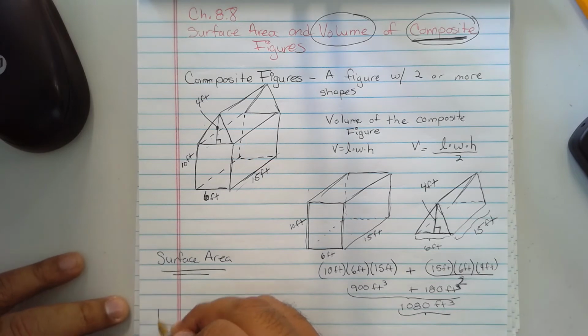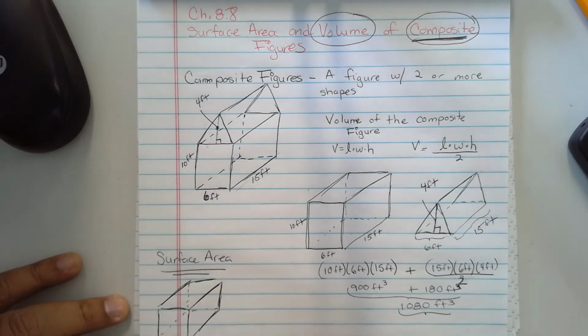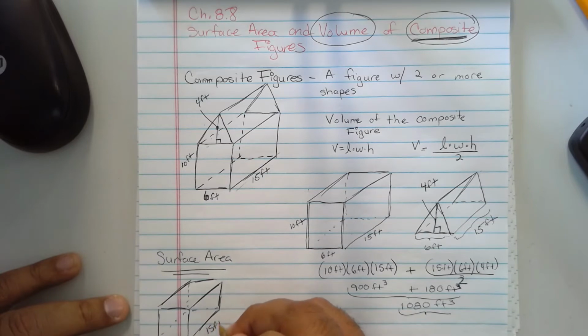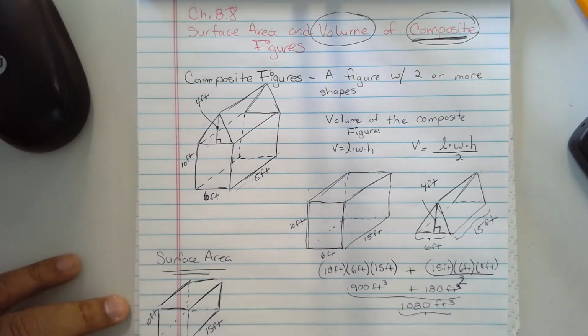I'm going to draw it in a much smaller scale. Six feet, 15 feet, and 10 feet. And I'm going to move it down some so you guys can see it, okay?